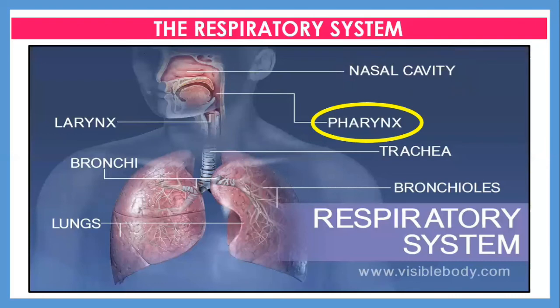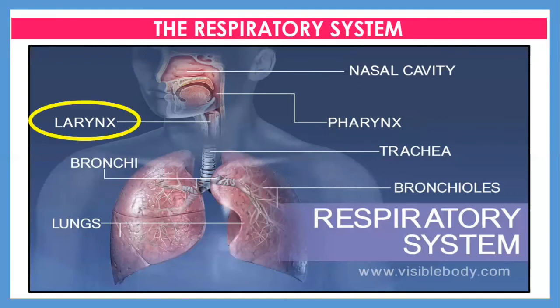On the other hand, for the pharynx, the pharynx is also known as the throat. It is a muscular tube that serves as the entrance or hallway for the respiratory and digestive tracts. It plays an important role in the forming of vowel sounds in speech, and this is what we call phonation.